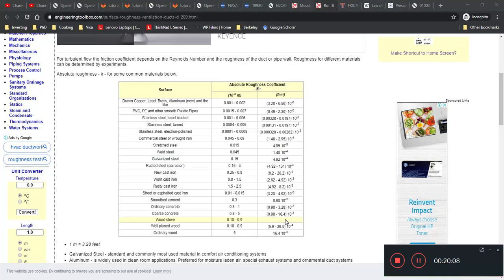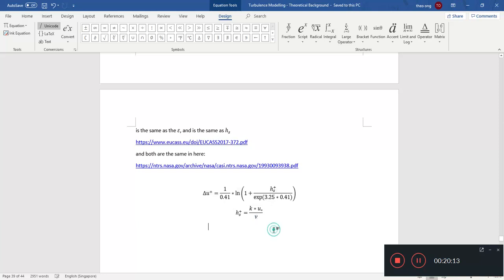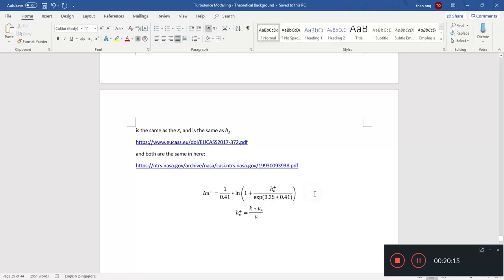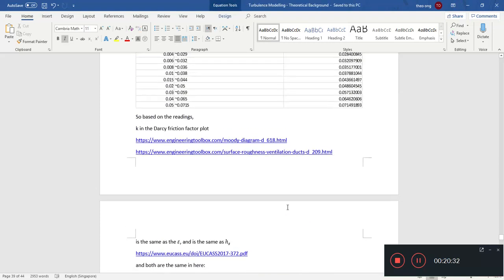Okay, so that was quite a mouthful. Alright, and the other notation, the famous notation, is of course epsilon. So this is how we deal with the law of the wall for surface roughness.